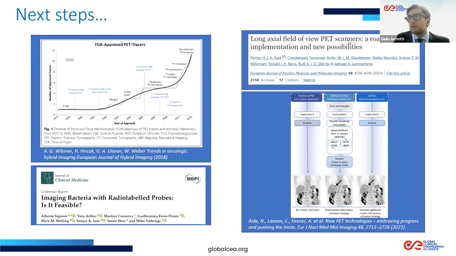The devices, the long axial field devices, are very interesting, like 1 meter in axial FOV. That is really a lot, and 2 meters: 1 meter from one supplier, 2 meters for another one, and an elaboration of data for the quality of images. Thank you so much for the invitation again.